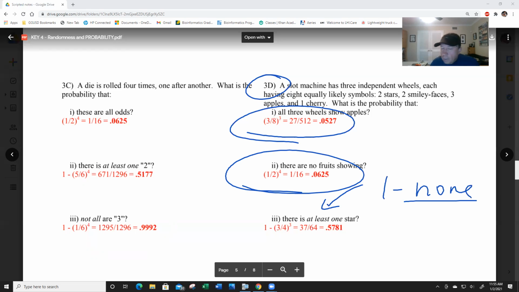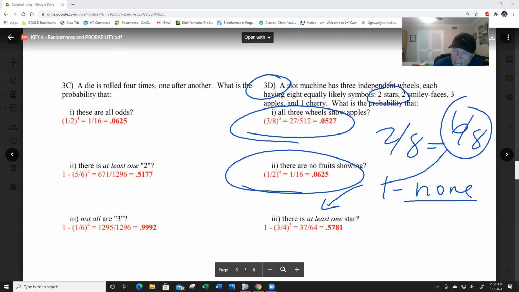All right. So at least 1 star. And the stars are 2 of the 8, which means not stars is 6 of the 8. And 6/8 is 3/4. So I'm going to go 3/4 to the 3rd and then go 1 minus that, and I'll get my answer. Okay? All right.